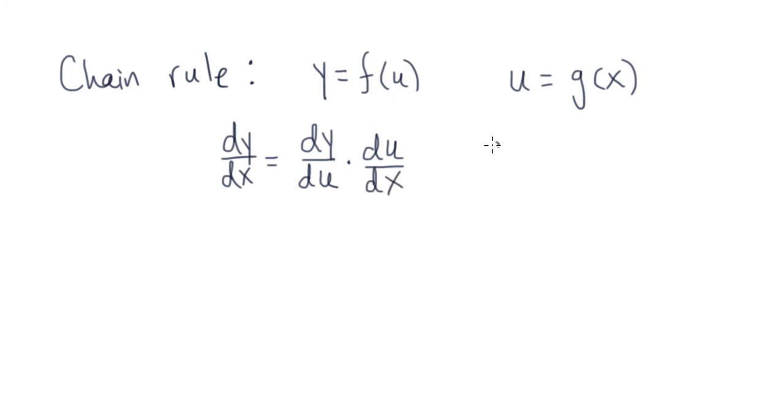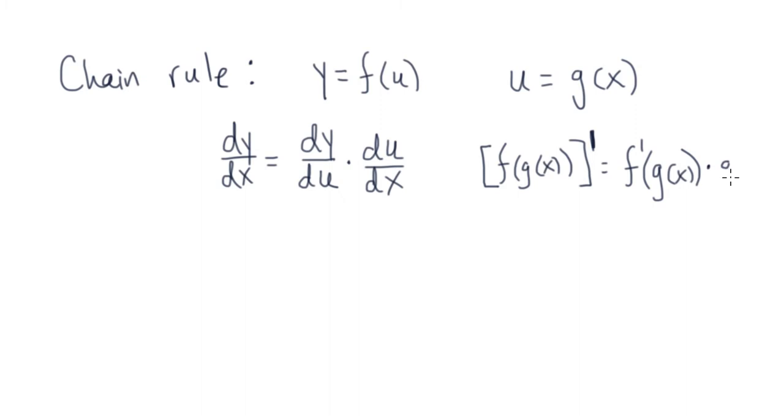Or in other words, what I mean is the derivative of f of g of x is, well, it's the derivative of f evaluated at g of x, and then I multiply by the derivative of the inside, g prime of x.